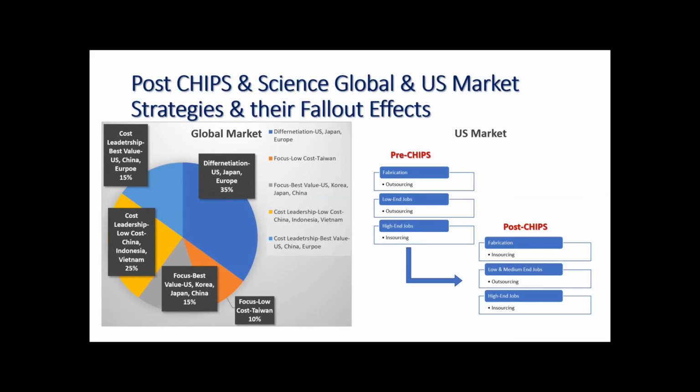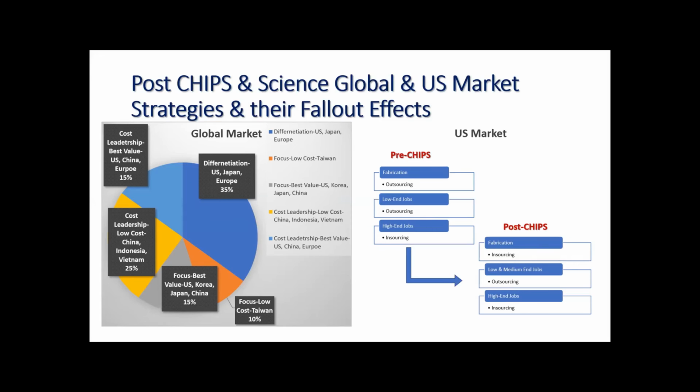I have articulated these strategies here because traditionally these countries are following these strategies, and the US has made this law to strengthen its differentiation strategy. So the US will come out as a winner by following the differentiation strategy.